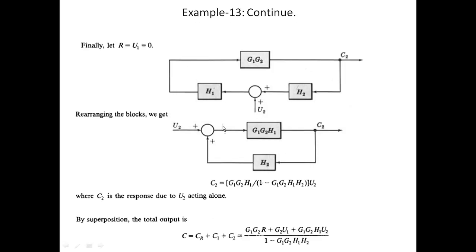After getting all these 3 responses, we apply the superposition theorem. So the total response is equal to the response due to input R, plus response due to input U1, plus response due to input U2. We add these and we get the total response.